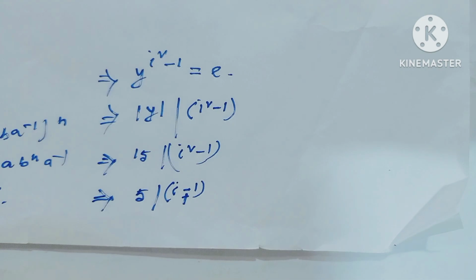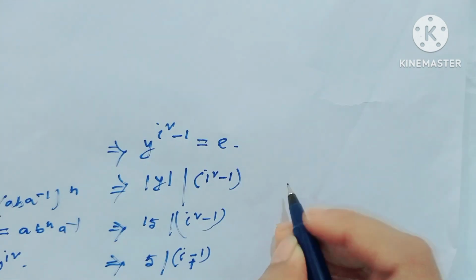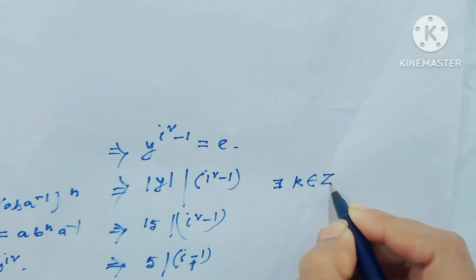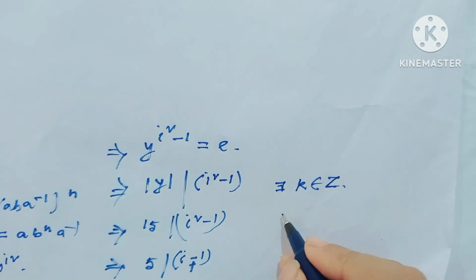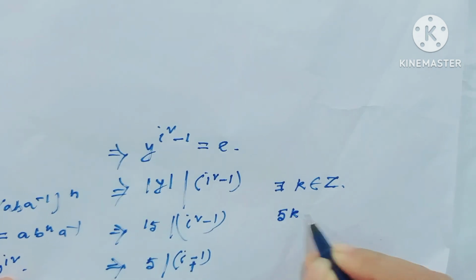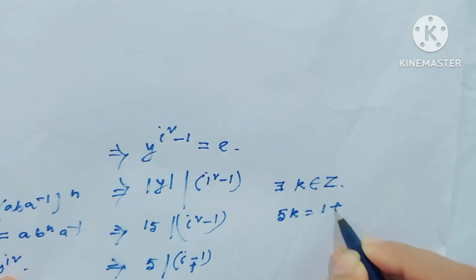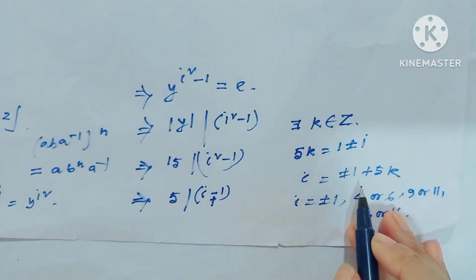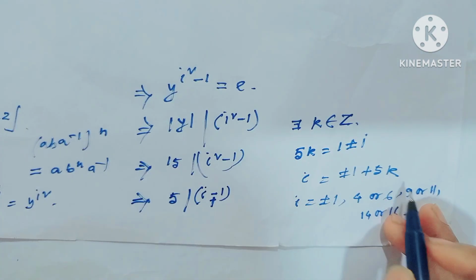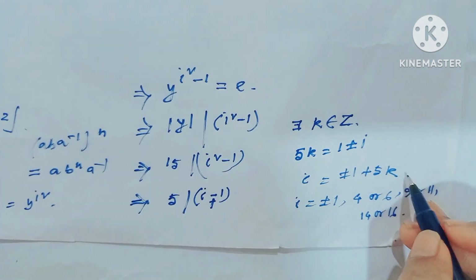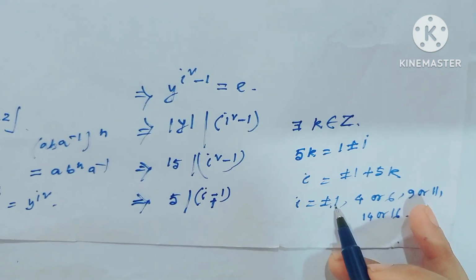Since 5 divides i plus or minus 1, there exists an integer k belonging to Z such that 5k equals i plus or minus 1. That means i equals plus or minus 1 plus 5k. If we put values where k is an integer, when k equals 0, this value would be plus or minus 1.